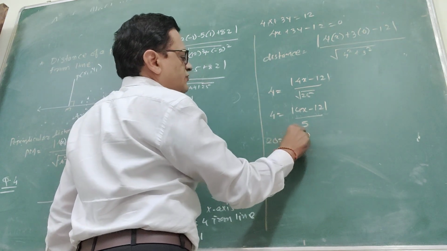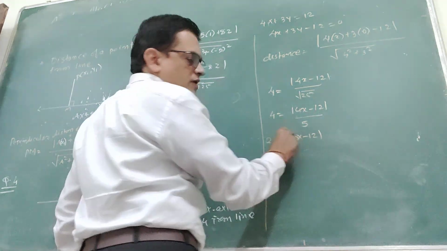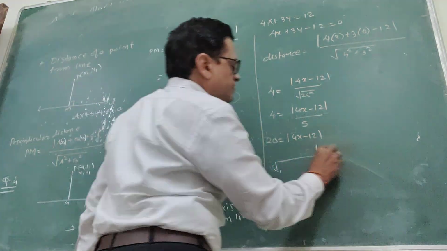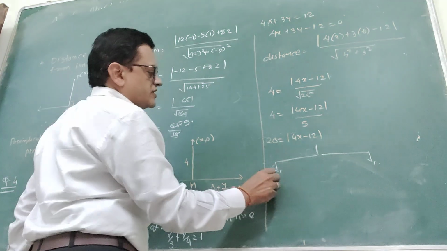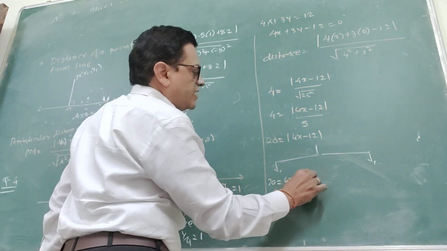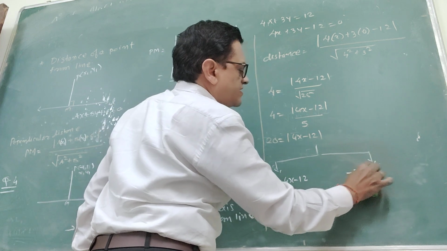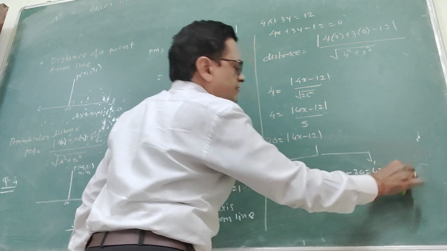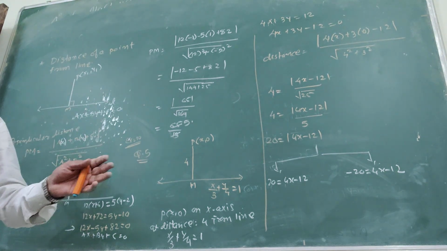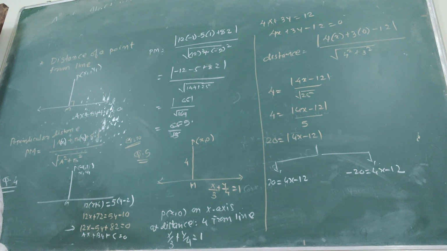So 20 is equal to the modulus of 4x minus 12. If it is in a modulus, then we have two options: 20 is equal to 4x minus 12, and minus 20 is equal to 4x minus 12, because once it will be plus and once minus when it comes out of the modulus.